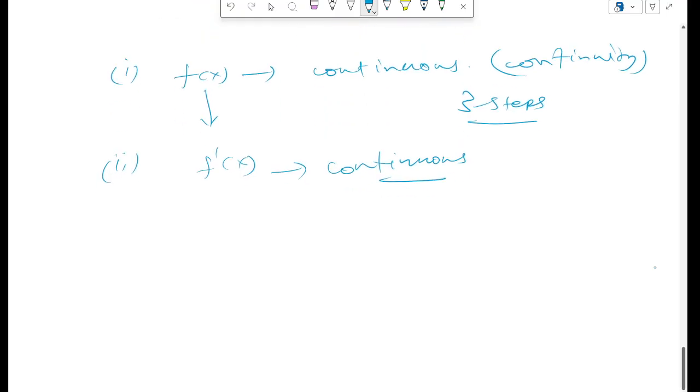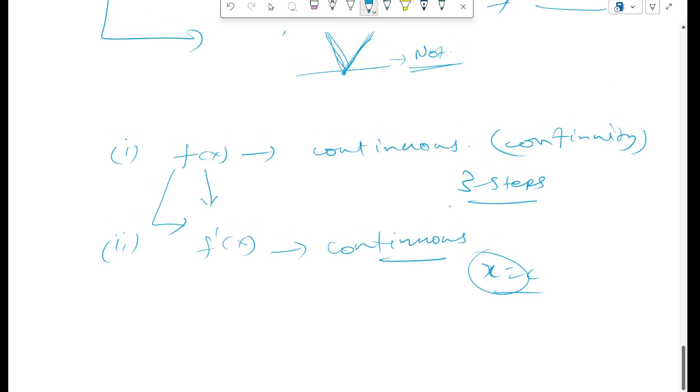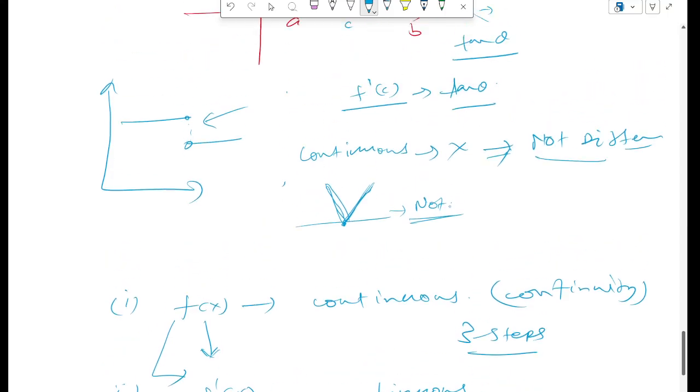So differentiability is nothing but continuity of the differentiation of the original function. So if f dash x is continuous at x equal to c, then we can say f is differentiable at x equal to c. That means it does not have any missing point or any irregularity at x equal to c. That means f(x) will be differentiable. Differentiation of f(x) will exist at x equal to c. That is an important point to keep in mind when we think about continuity and differentiability.